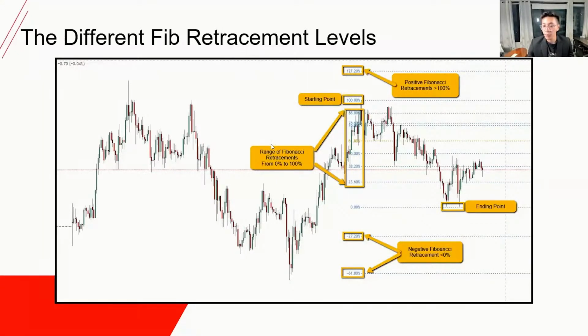You can see right here, this is your range of fib retracements from 0 to 100%. You can see your extension levels, which are greater than 100%, with 127.2% over here. And then the expansion levels are below the 0%.